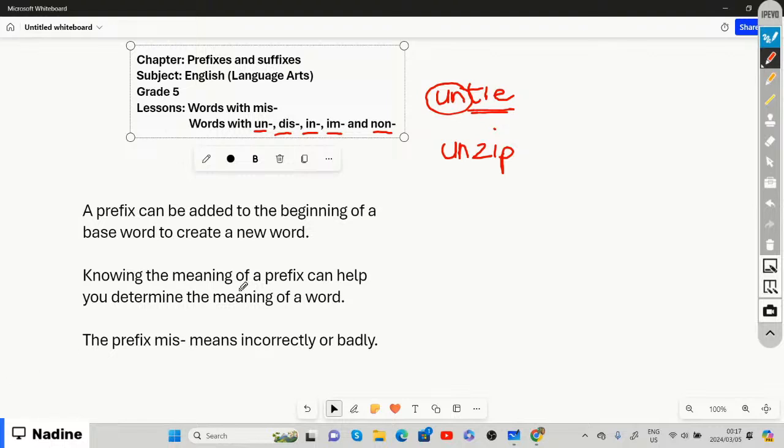It means not. Then we have the prefix "dis," which we are going to get to. And "dis" means it is not, or we can say it is opposite to.